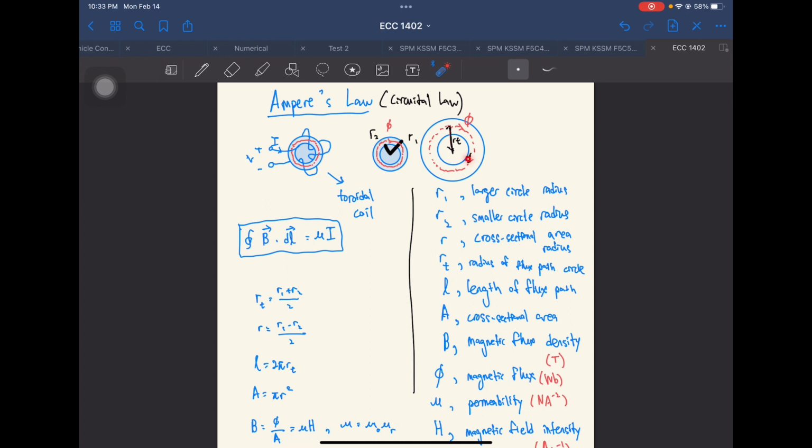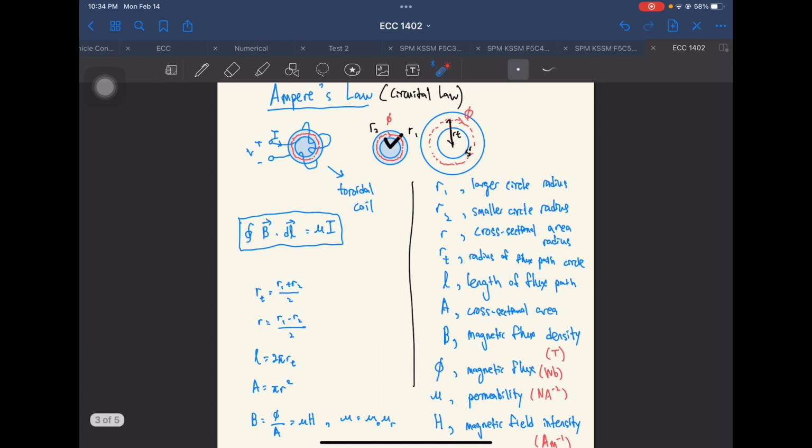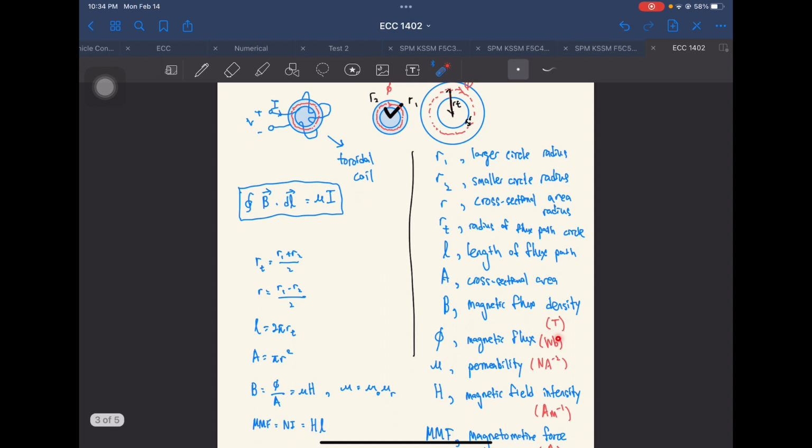And r is a radius of a cross-sectional area. B is a magnetic flux density, and phi is a magnetic flux, and its SI unit is Weber. Permeability is given by mu, and it is a multiplication of the permeability of free space and the relative permeability of a certain medium.